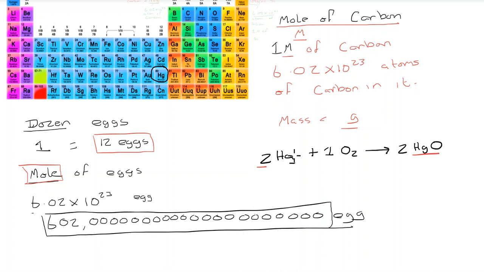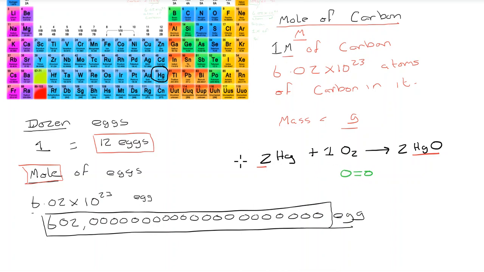Again, this is a huge number. 2 moles is this number doubled, and 1 mole of oxygen means we have 2 oxygens connected together, and you have 1 mole of this represented.